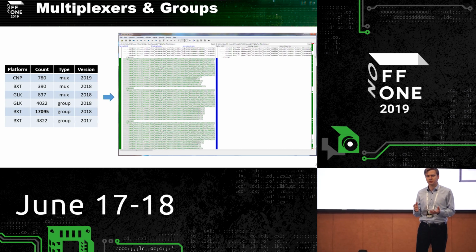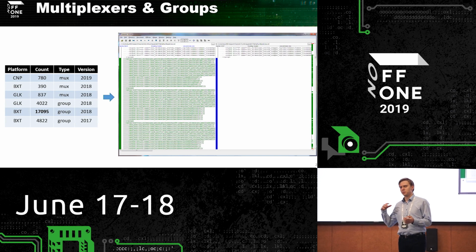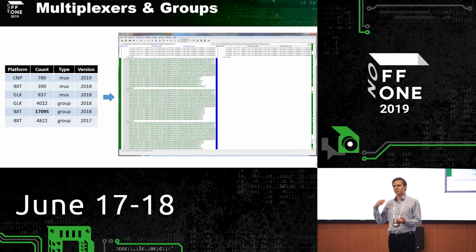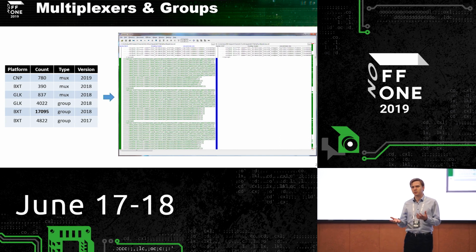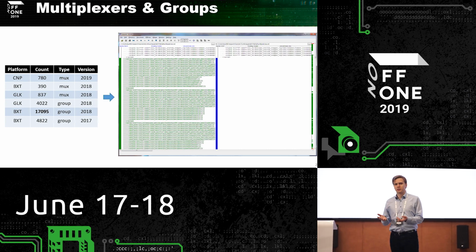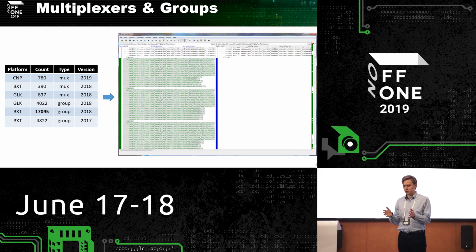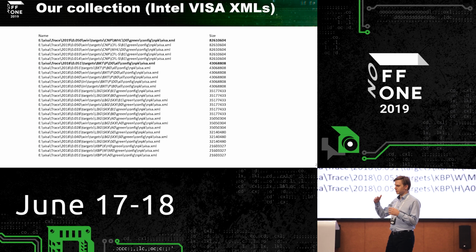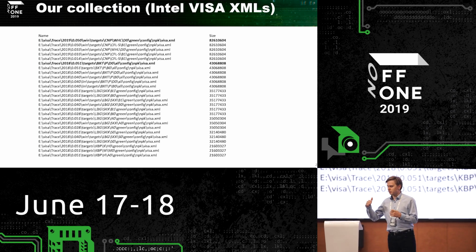We noticed it's quite a phantom file. I mean, VISA XML, sometimes it would show up or disappear in different builds of the System Studio. Yet in some versions, like Mark said, it was less. Yet in other versions, it was bigger. We began to build this collection. And as you can see, some of the files have the same identical size.